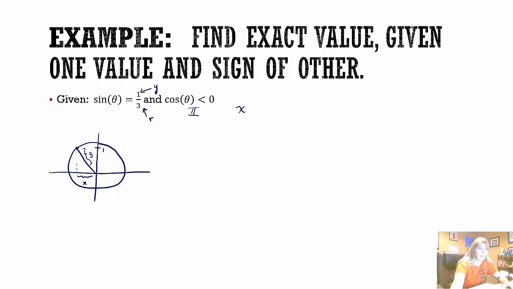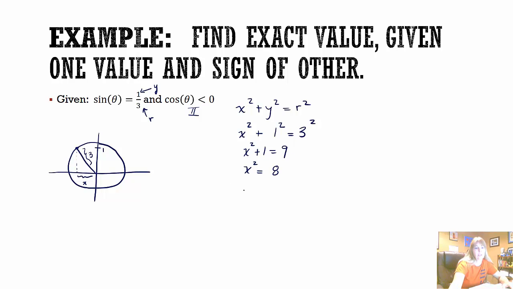So I'm going to do x squared plus y squared equals r squared. I'm looking for x squared. I know y is 1, and I know r is 3. So I get x squared plus 1 equals 9, x squared equals 8.